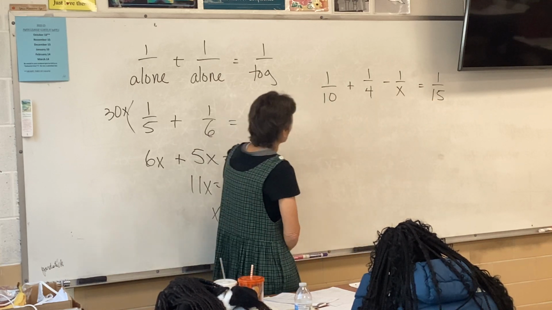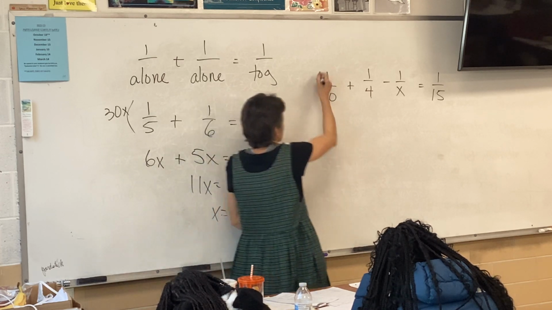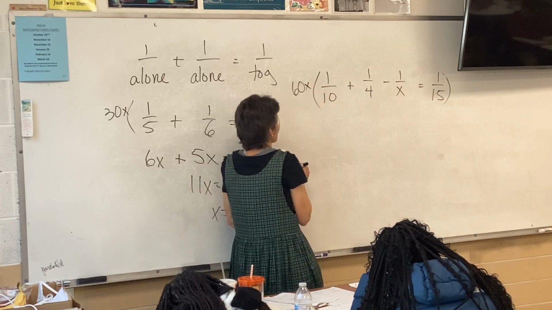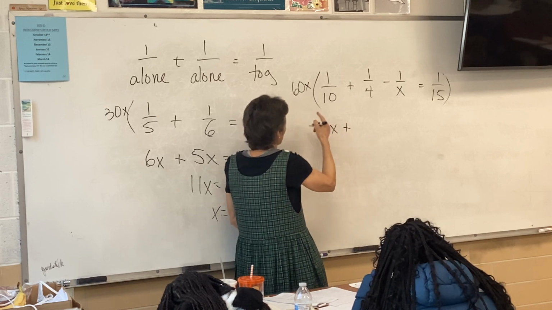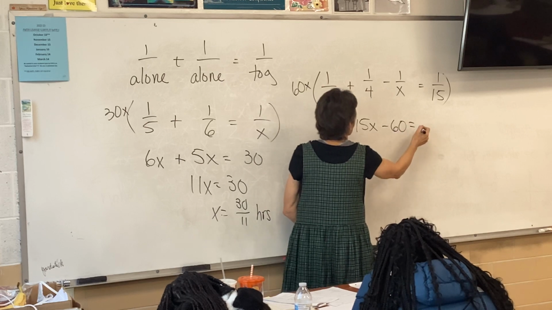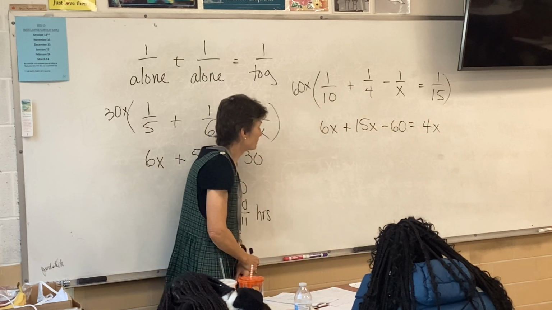What am I going to multiply by this time? 60x would definitely work. So that'll leave me with 6x, 15x, and 4x. Double check all that.